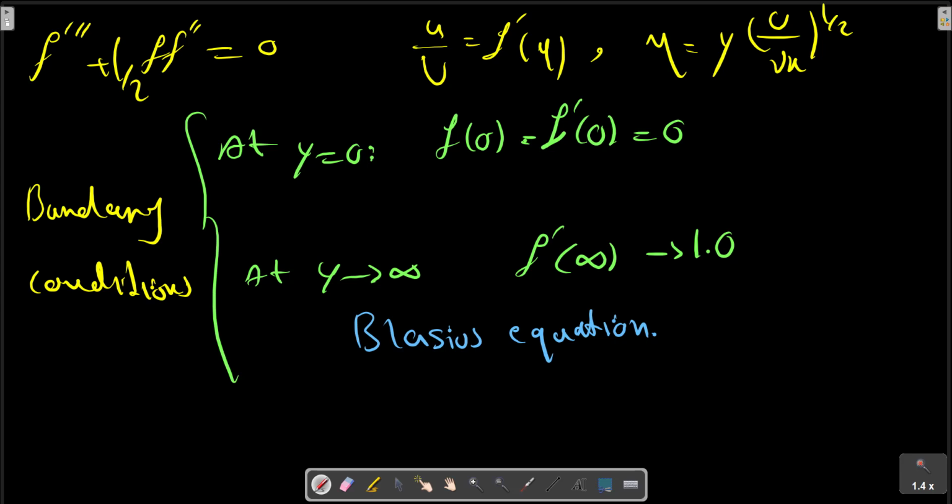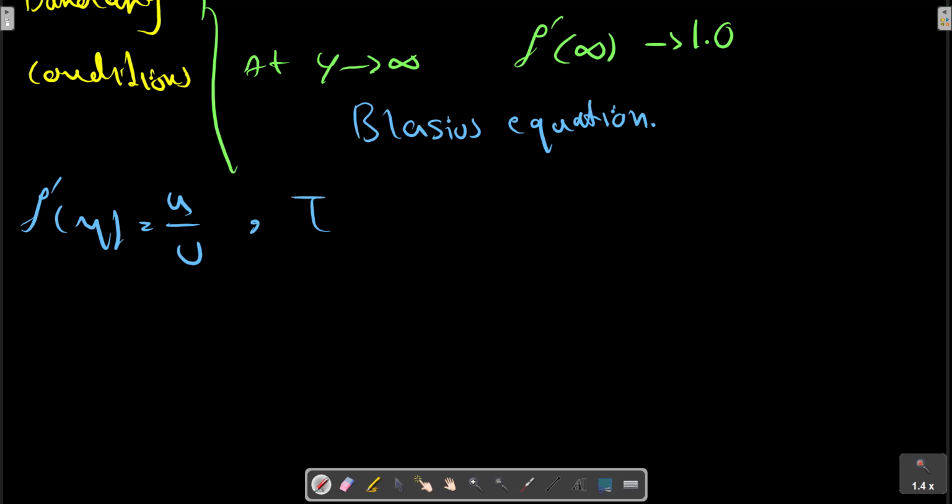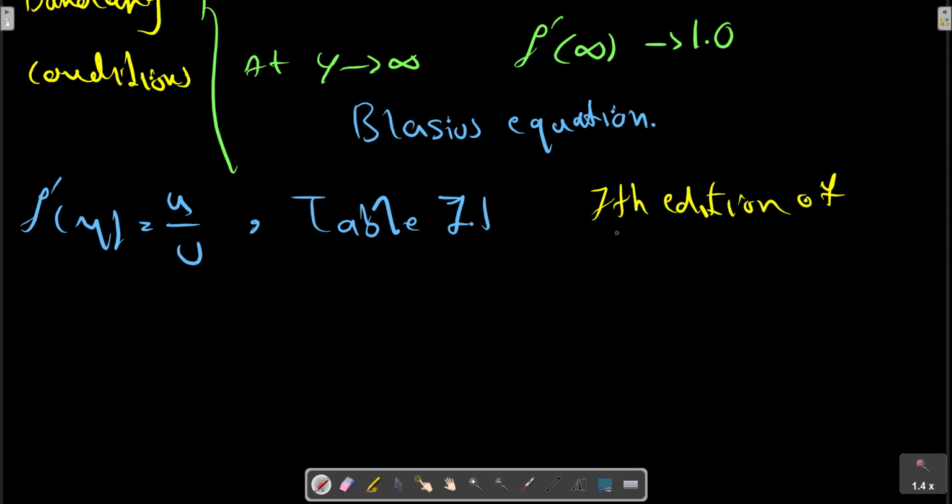Some tabulated values of the velocity profile are available. The velocity profile, which is a function of eta, is given in Table 7.1 in the 7th edition of Frank White.